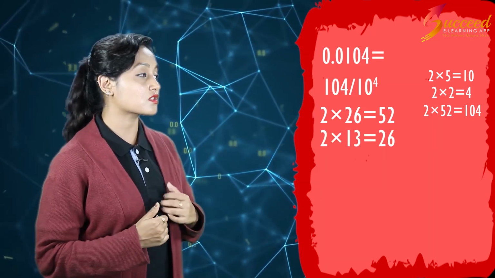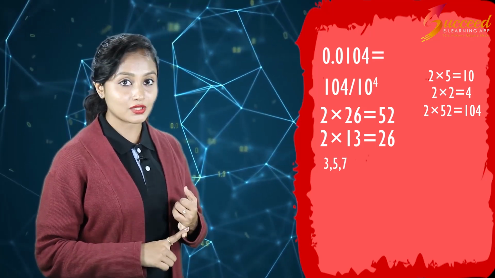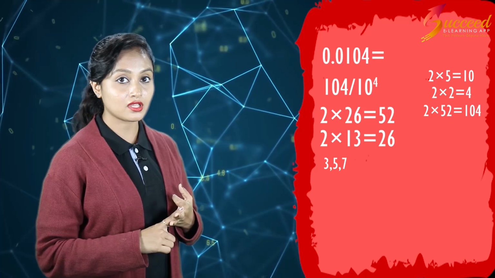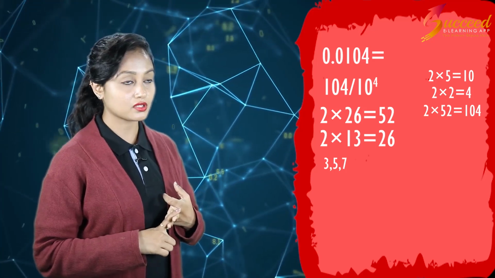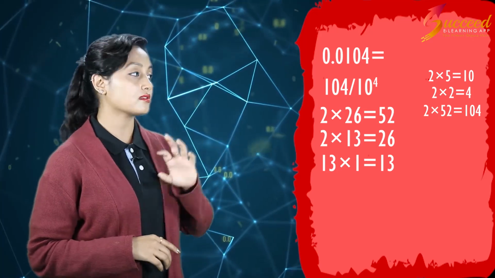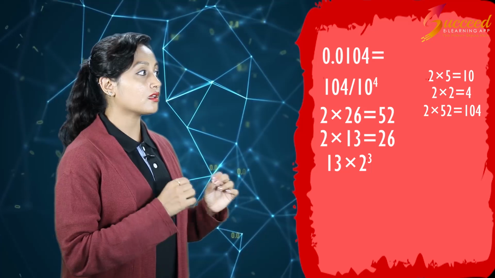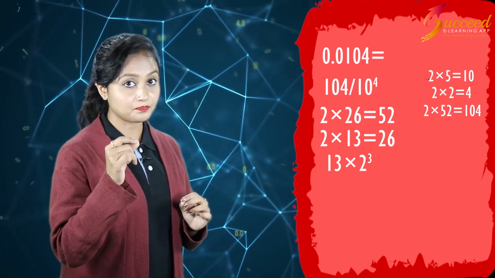Now 13 is not divisible by 2. So we will consider 3, 5, 7, again not divisible. So the next prime number is 13. So 13 1s are 13. This can be represented as 13 into 2 power 3.